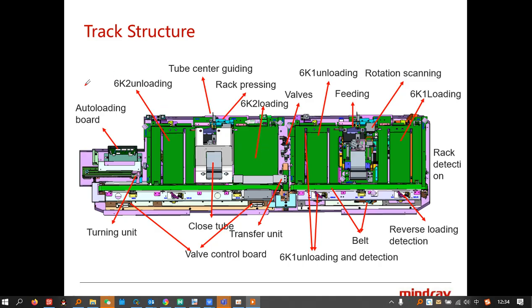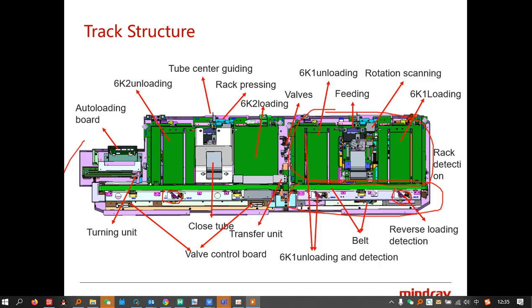The mechanical structure of the tracks module is similar to the tracks module of KEL 8000. You can see the loading part and the outer tracks are similar, and the tracks unloading detection unit is similar, and the work logic is also similar.